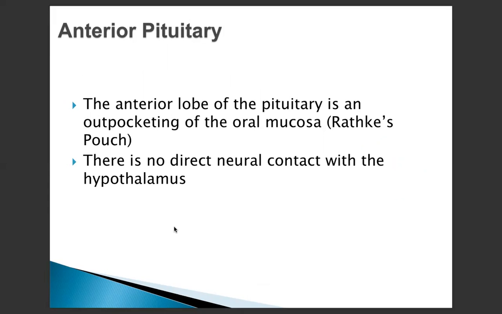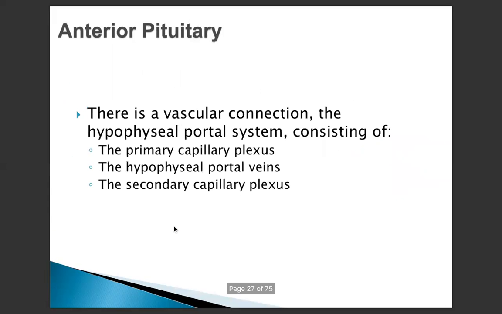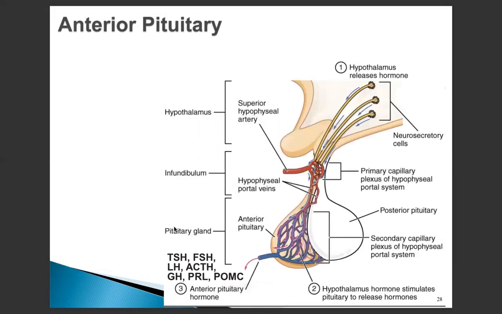There is no direct neural contact with the hypothalamus. There is a vascular connection, the hypophyseal portal system, consisting of the primary capillary plexus, the hypophyseal portal vein, and the secondary capillary plexus.